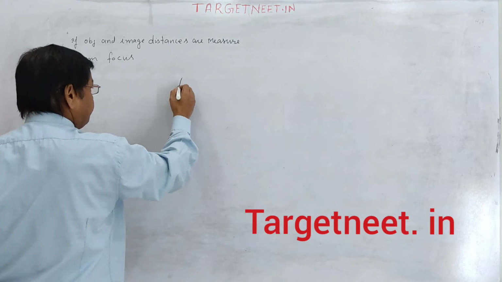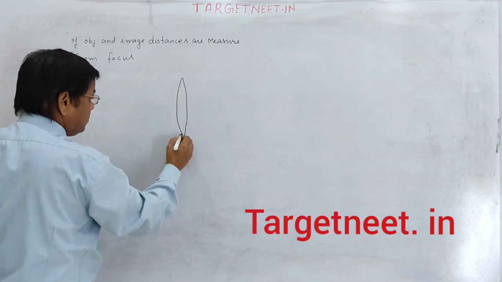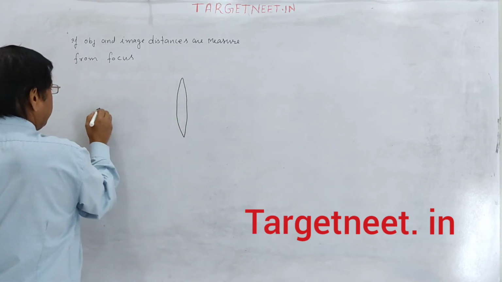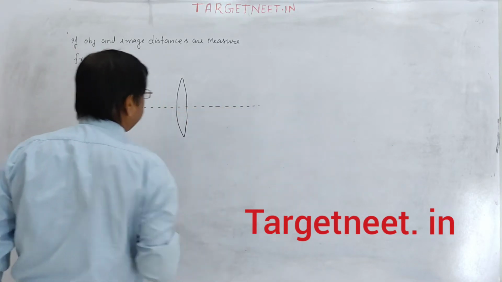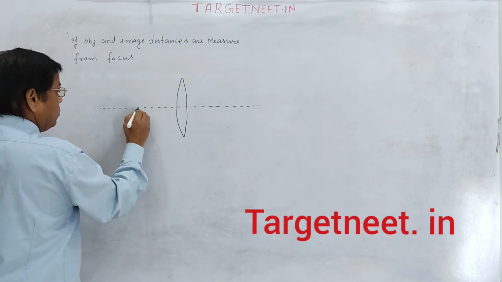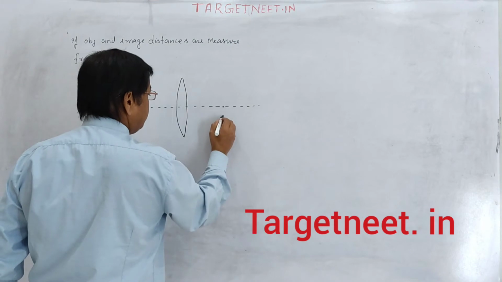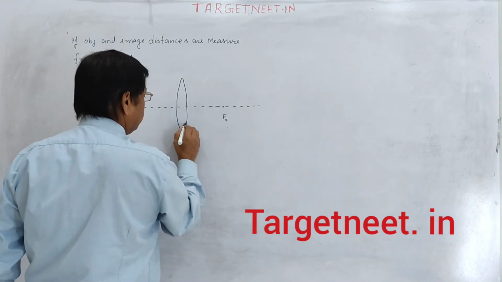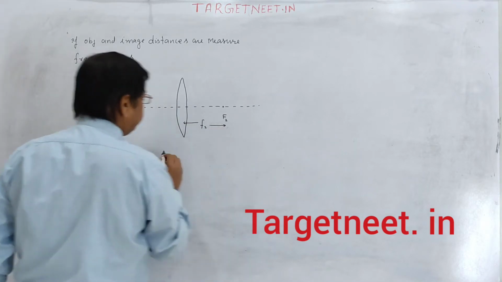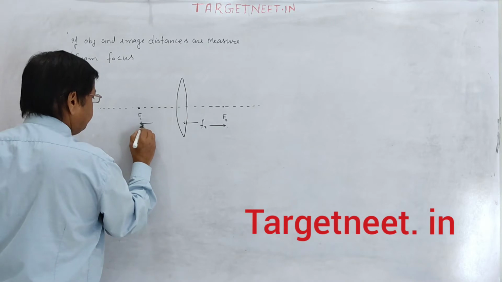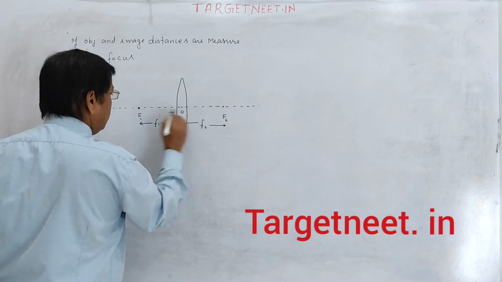Suppose this is a convex lens, this is the first focus f1, this is the second focus f2. This distance is f2, the second focal length, and this distance is f1, the first focal length. This is the optical center O.